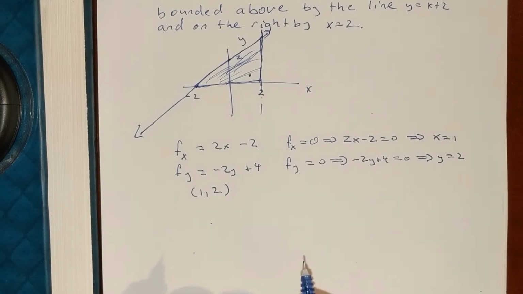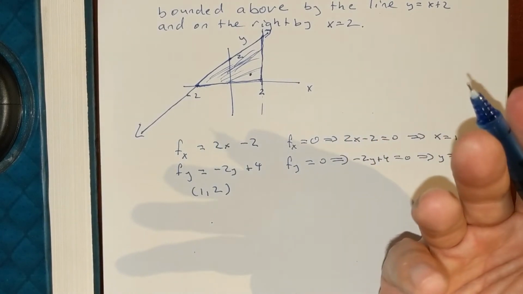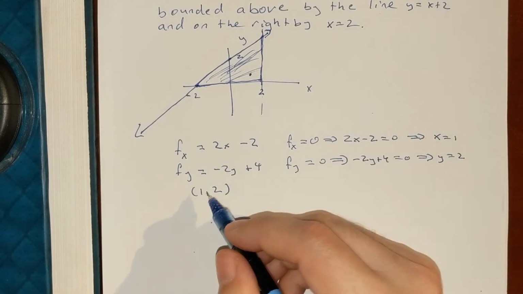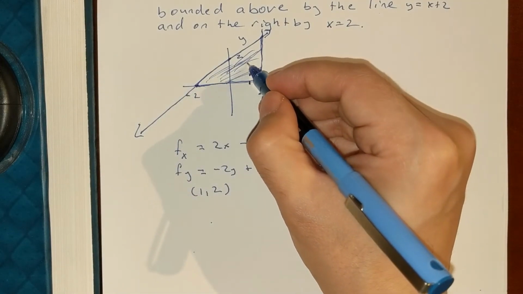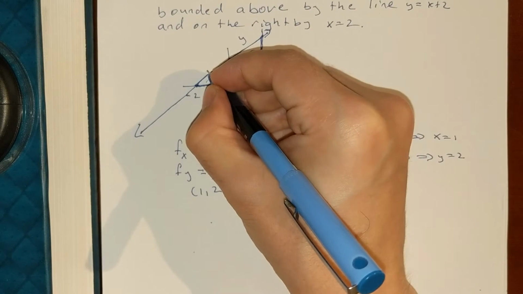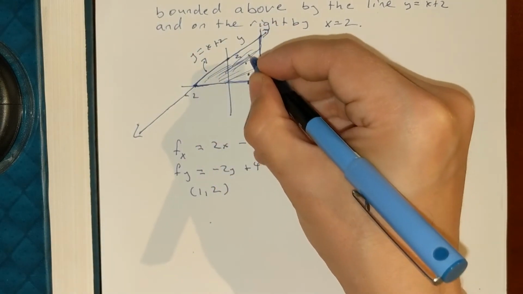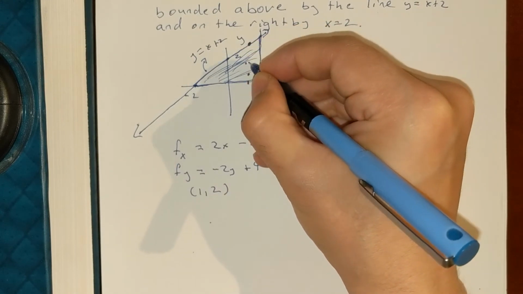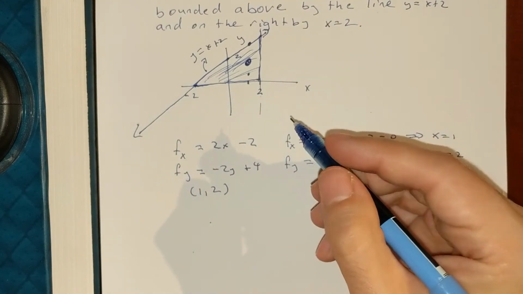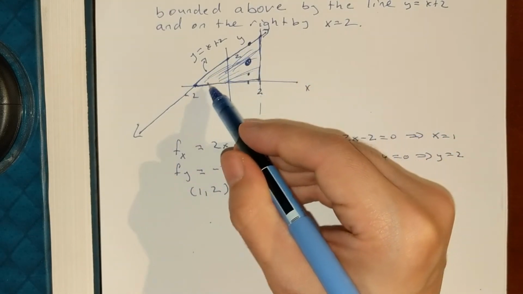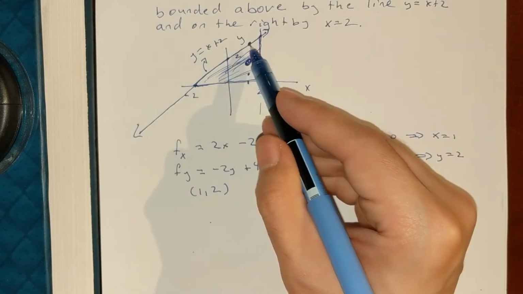The question is, where is this point 1, 2? First of all, is it inside our region? Maybe it's outside our region. The x-coordinate is 1 and the y-coordinate is 2. Remember, this line was y equals x plus 2, so the value of the line at x equals 2 would be 2 plus 2 equals 4.